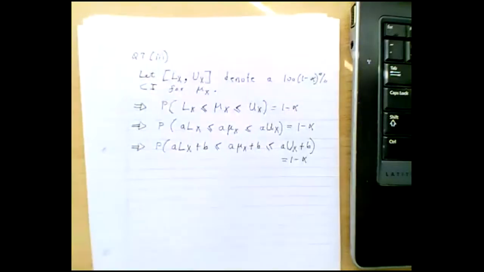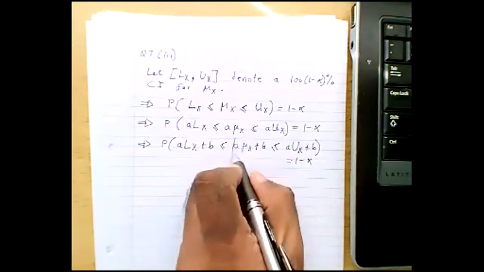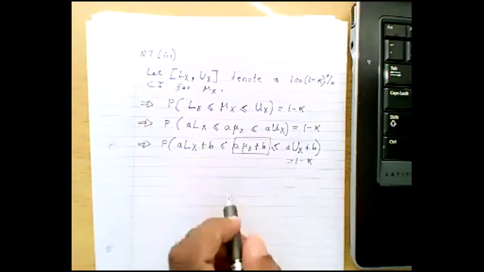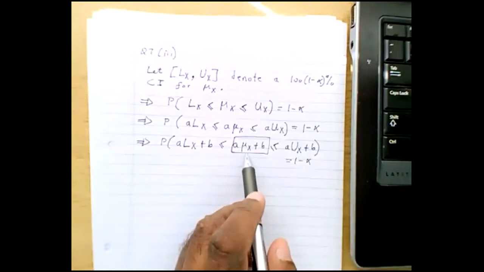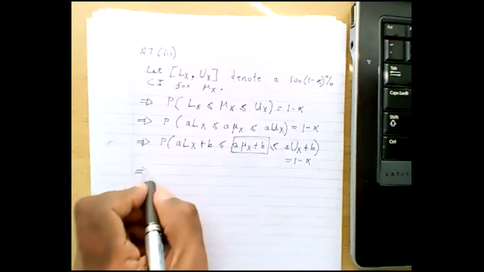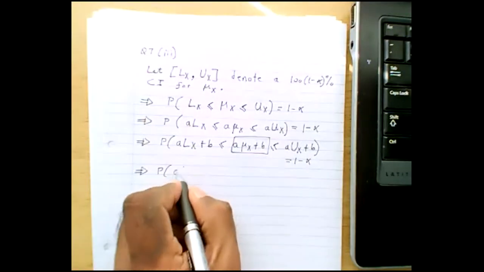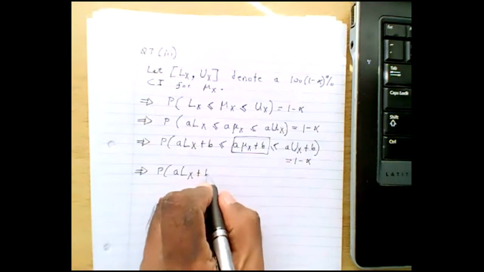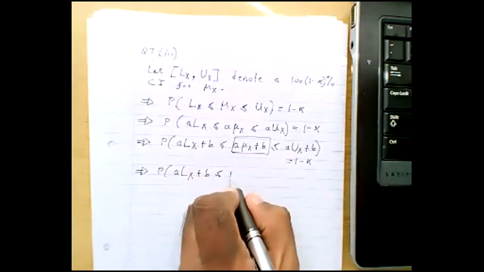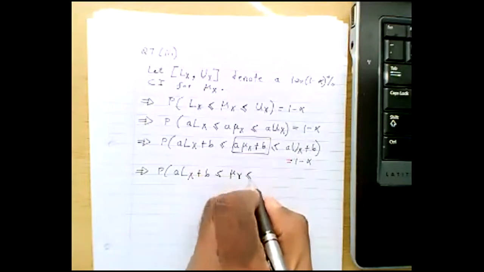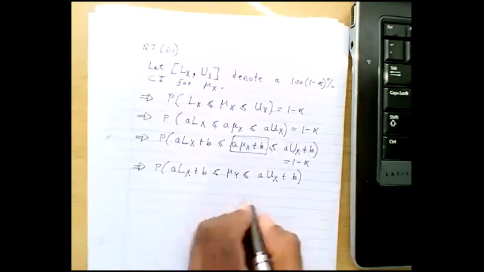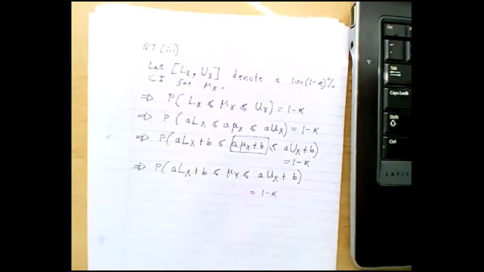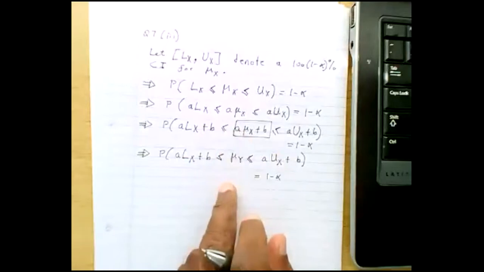Okay. All right. Now this guy, we know from part one of question 7, which we just did, right, that this guy is equal to the population mean of y. All right. So what you have is the probability that, okay, guys, so this is the same as this.